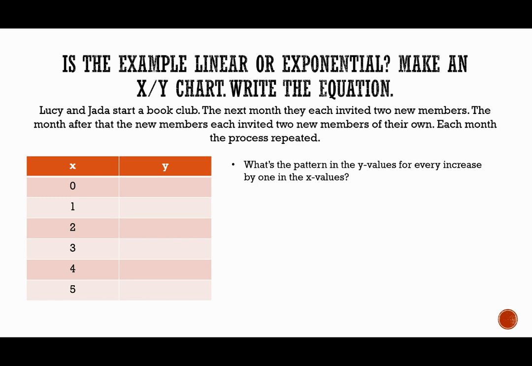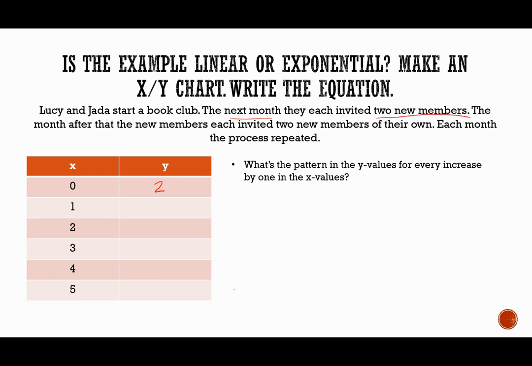So to do that, the only difference now is I don't already have my y values. I've got to figure out what those y values are because I need to know that pattern to know if it's linear or exponential. So I start out my club, just Lucy and Jada. Those 2 folks are the club. Now, next month, they each invite 2 new members.